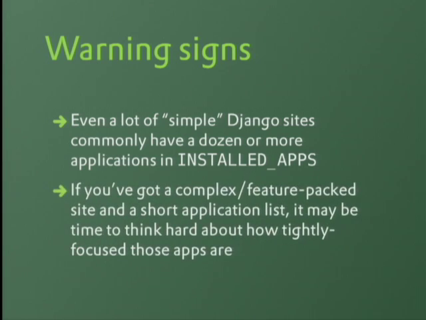So if you've got a really complex site and you're only looking at a couple of applications in your installed apps list, again, this may be a sign that you're doing too much at once, all in one application, and maybe you need to again step back, rethink whether these are focused enough, whether you're keeping that tight one thing and one thing well.